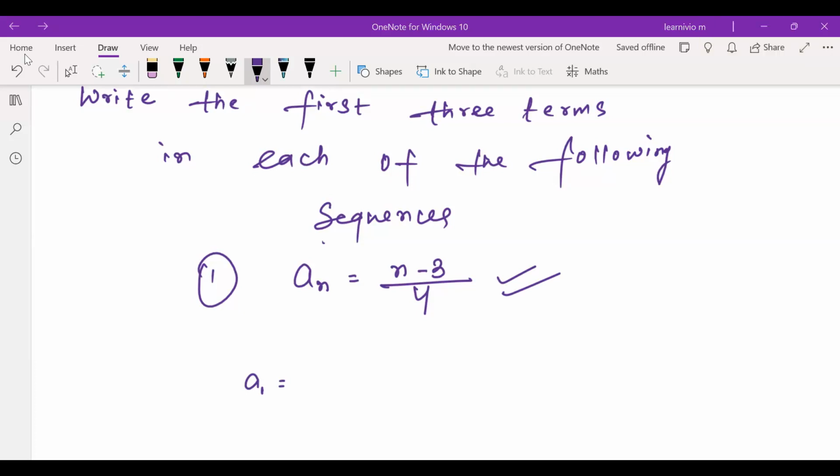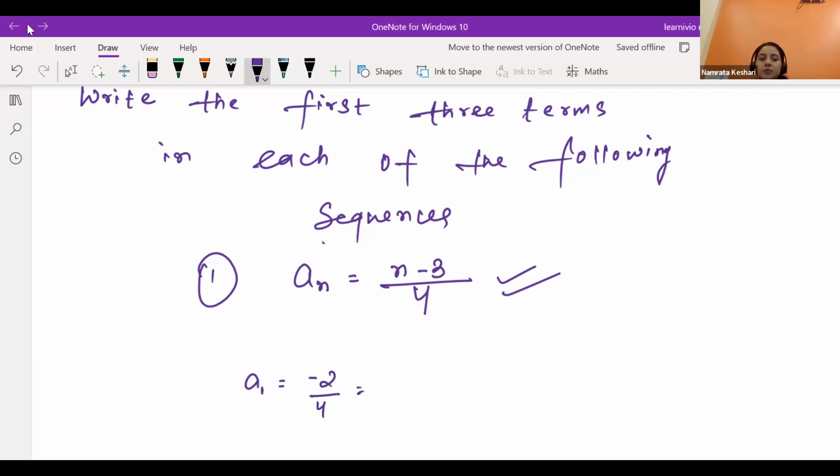Ma'am, it will be minus 1 by 2. Yes, it will be. 1 minus 3, that means minus 2 by 4, that means minus 1 by 2.